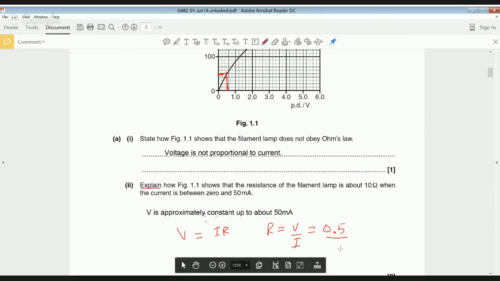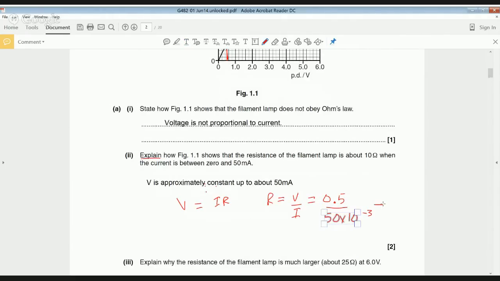And the current is at 50 milliamps, so that's 50, be careful with the units, times 10 to the minus 3, sorry about that. So that comes out as 10 ohms. So you need both parts of this to get both marks.